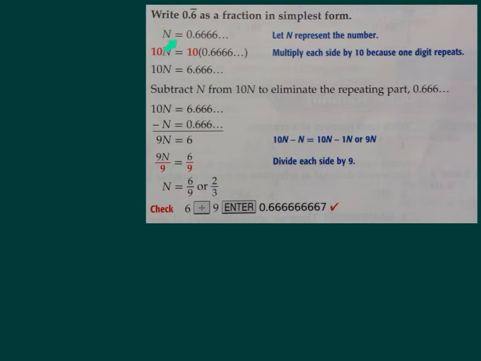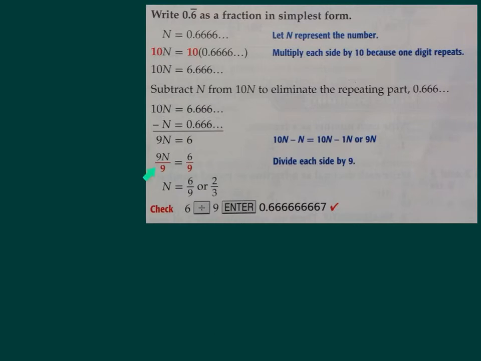And remember, n equals the 0.666666 repeating. So if I subtract that, I'm getting rid of the 0.6 repeating from this side. So now I don't have 6.6 repeating on this side, I just have 6. So you can see that's shown right here. Now I'm left with 9n equals 6.